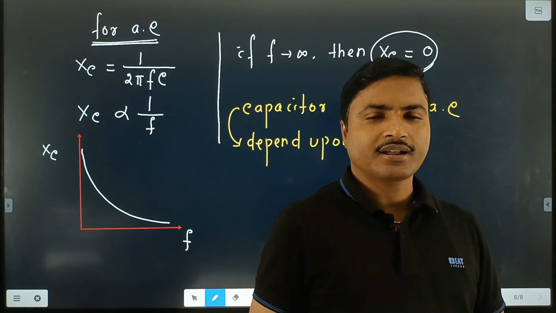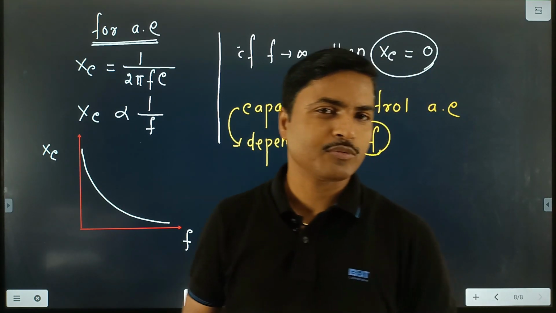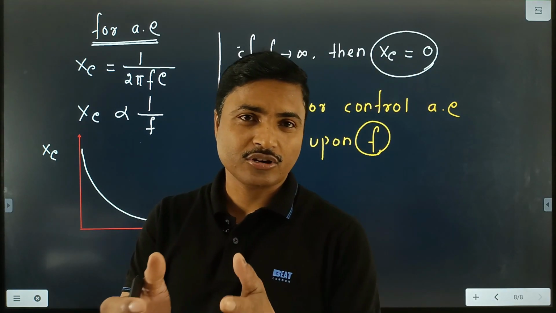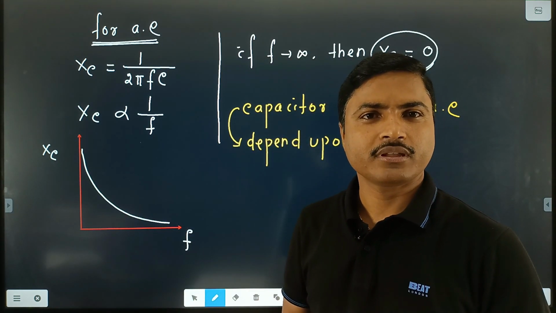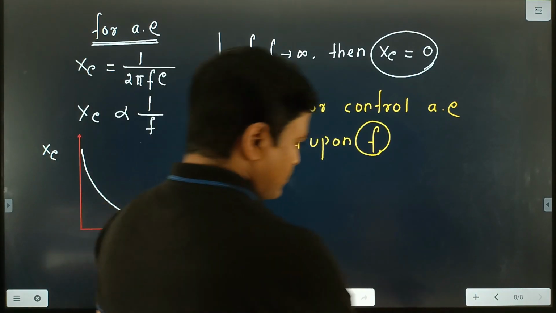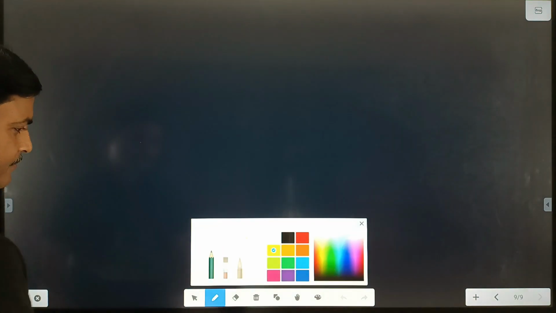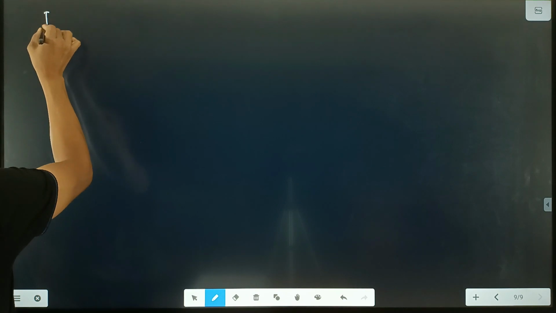Simply write: capacitor allows AC and that depends upon the frequency, and capacitor totally blocks DC after fully charged, clear? Then we will calculate the instantaneous power supplied and average power supplied. First we calculate the instantaneous value.